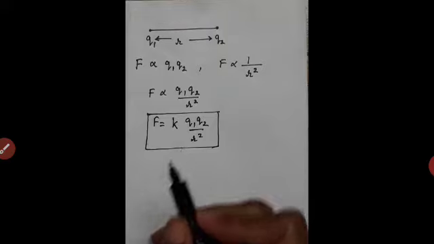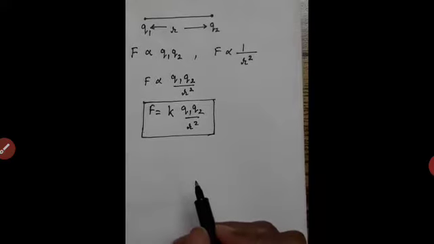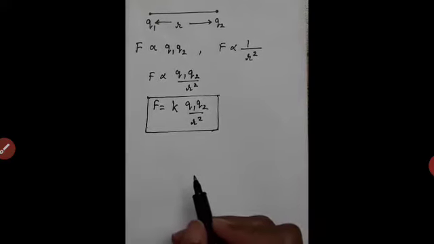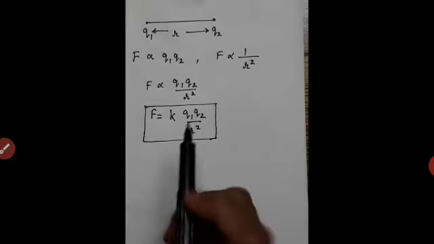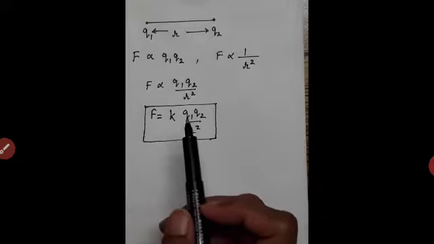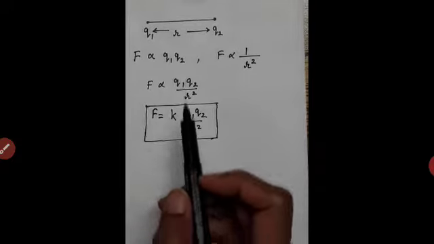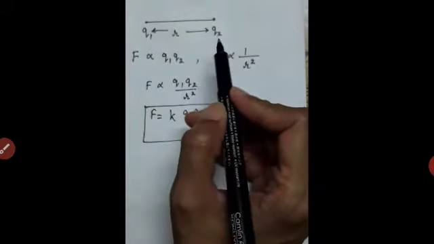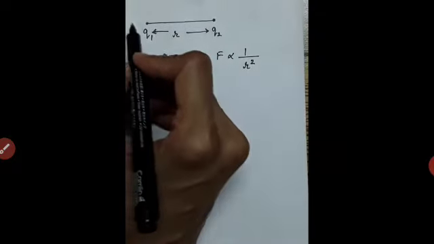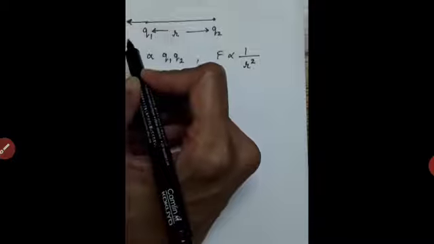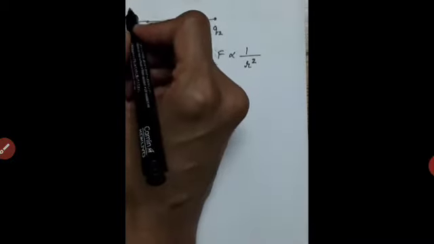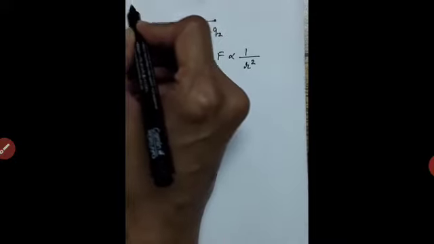Now, let us see how we can write Coulomb's law in vector form. For this, I will draw in the same diagram the vector notation of the forces. We have the charge Q1, we have the charge Q2. The force acting on charge Q1 due to Q2 will be outward because it is repulsive, and this force will be written as F12.